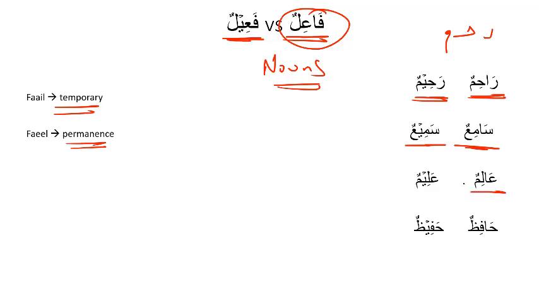Alimun means somebody who knows. Alimun again implies constancy. Hafizun, somebody who protects, but not necessarily with permanence. Hafizun implies permanence. So I hope this makes sense.